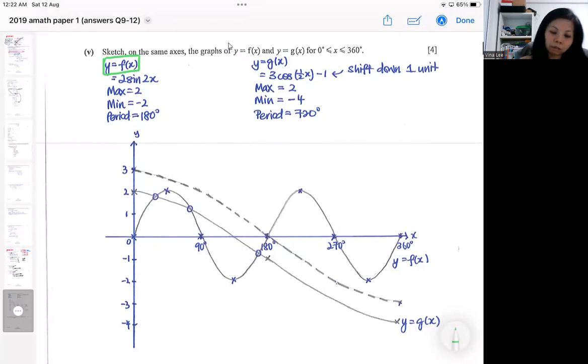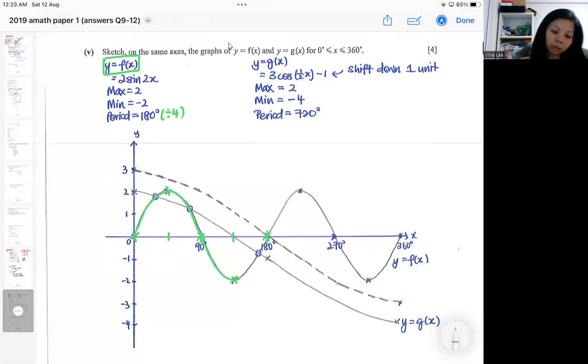And the period is 180, so I'm going to divide into 4. So 180, I divide into 4 sections, and these 4 sections will create the sine graph. So that's how I got one sine graph.